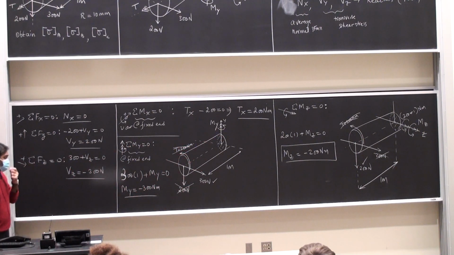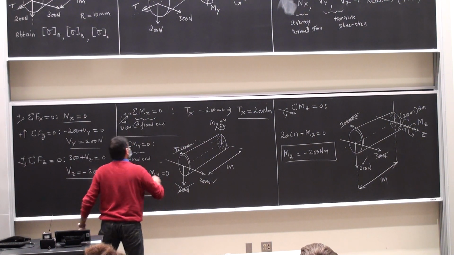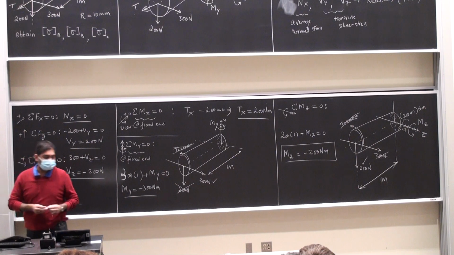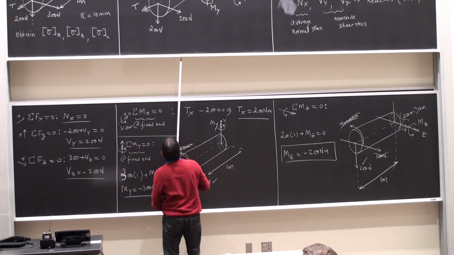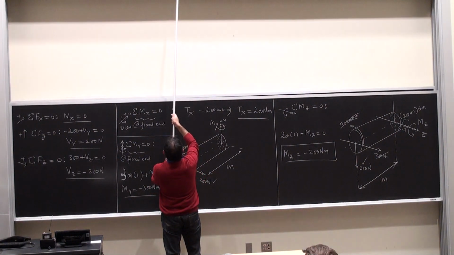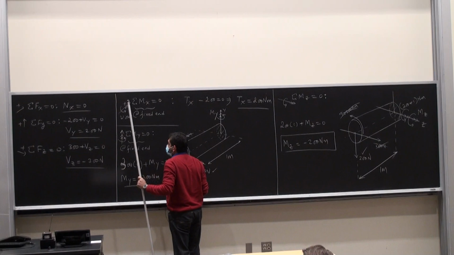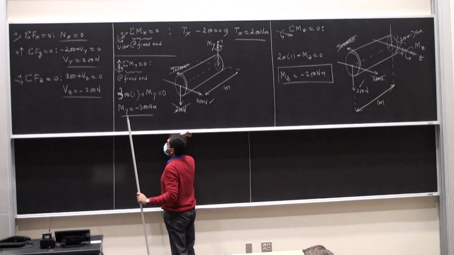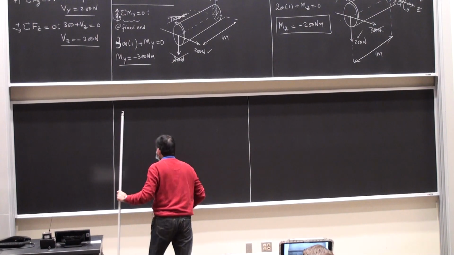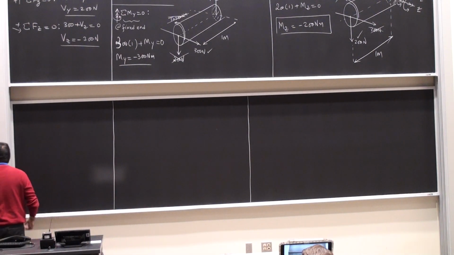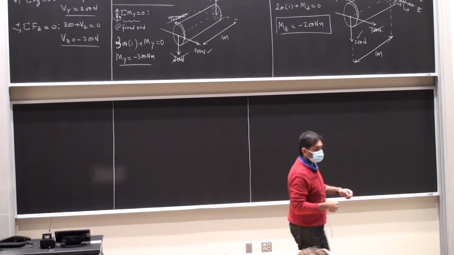Okay? Alright, now we come to the remedial part of the problem. I'm going to push the board up. So you saw that we had some forces and moments that were negative, right?